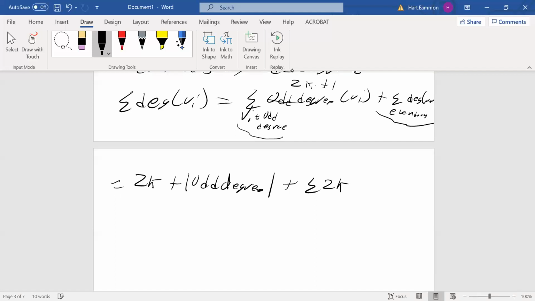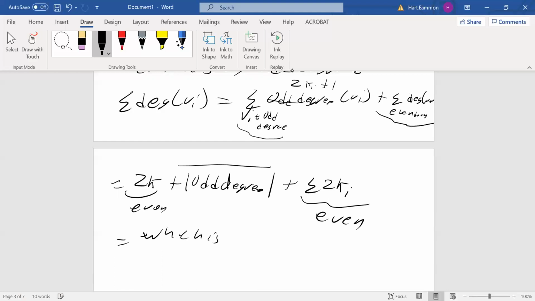Pulling those plus 1s out gives the cardinality of the odd-degree set, plus a bunch of 2ki's, which are again even. So this is equal to an even number plus an even number plus an odd number, which is odd. Therefore, it's not equal to 2 times the cardinality of the edge set.